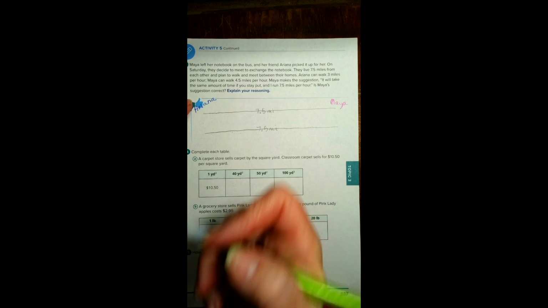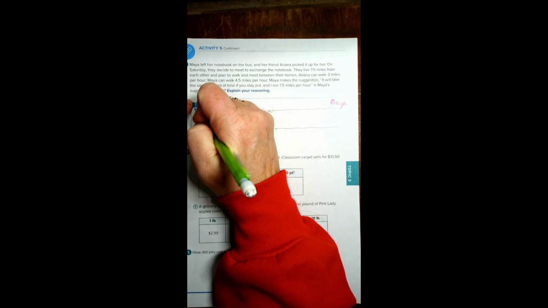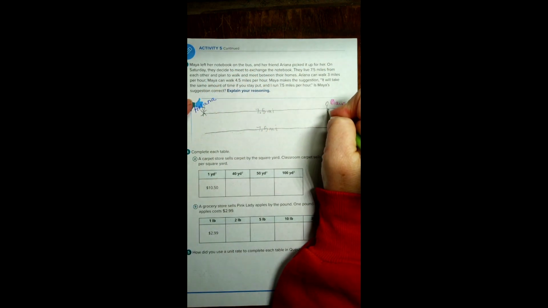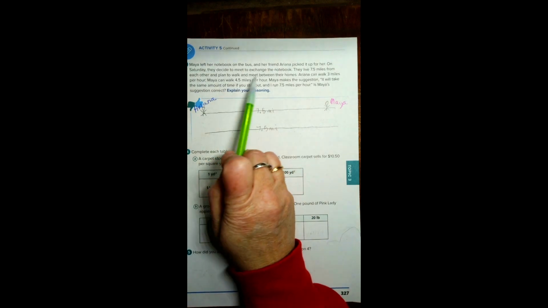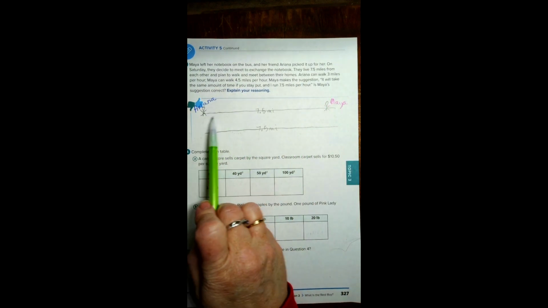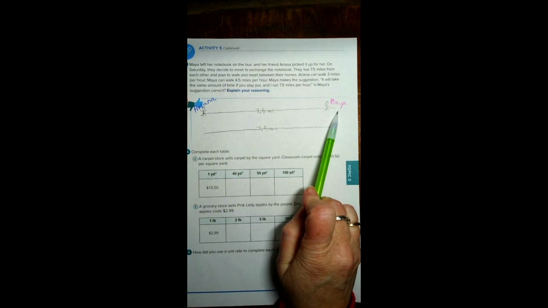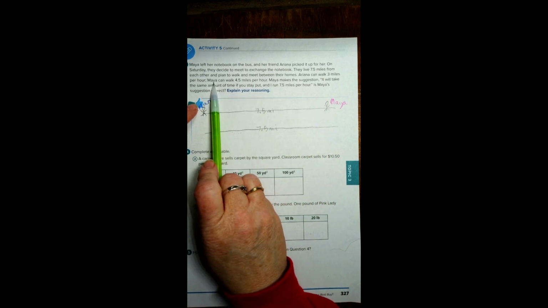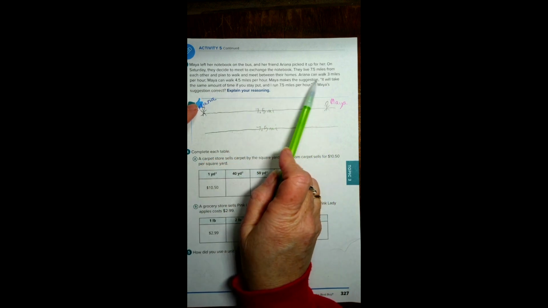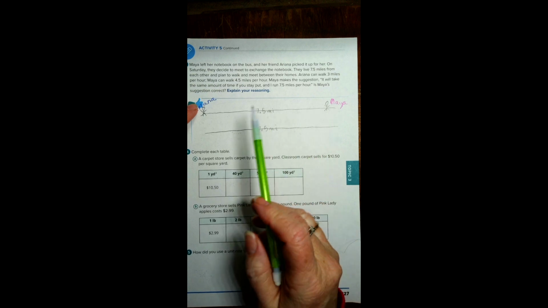Okay, so I have a little sketch drawn. If Ariana is over here and Maya is over here, such a great artist, we're going to look at the first scenario. They live 7.5 miles from each other. Ariana can walk 3 miles per hour, so of this 7.5, in 1 hour she can make it 3 miles.